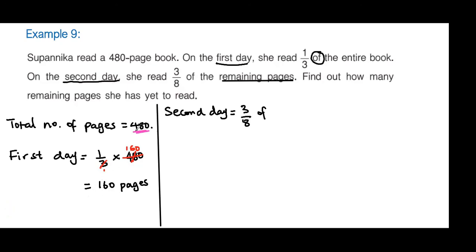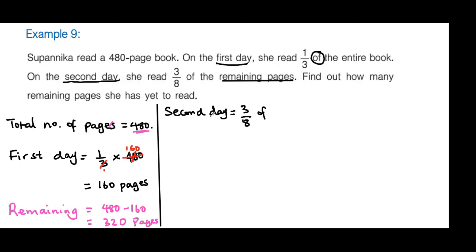No. The total is 480. She read 160. How many are remaining? To get the remaining pages, we get 480 minus 160. What is that? 320. Yes. So after reading 160 pages on the first day, she remained with 320 pages.